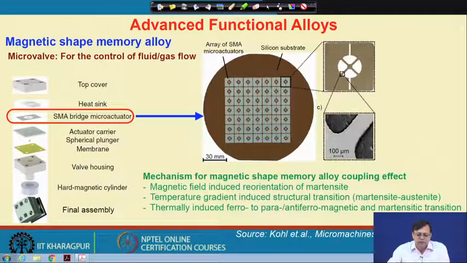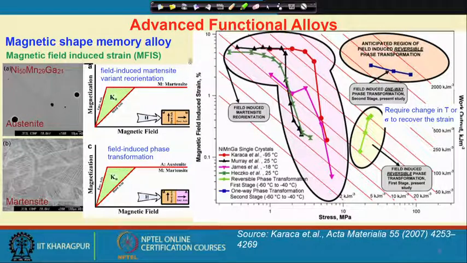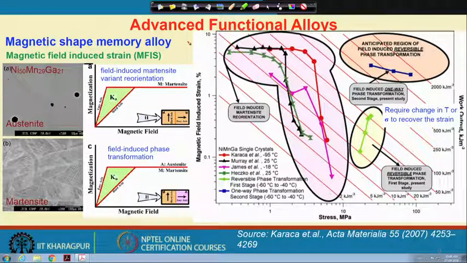I believe that this is one of the very important aspects of ferromagnetic shape memory alloys for everyday use. Now, this magnetic field induced strain, or MFIS, is due to the variation of the martensite twin variants or a phase transition. In both ways we can generate the strain, and the anisotropy factor, that is Ku, that I discussed earlier with you in the last class, lies here. So, this is the magnetization versus magnetic field.